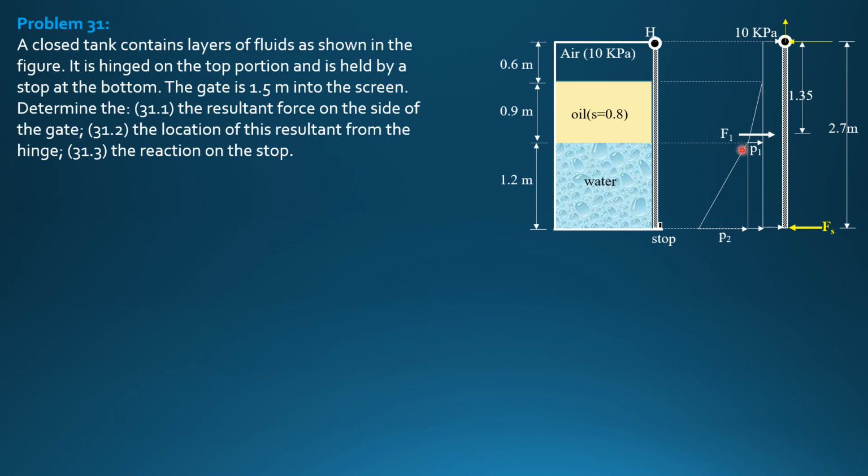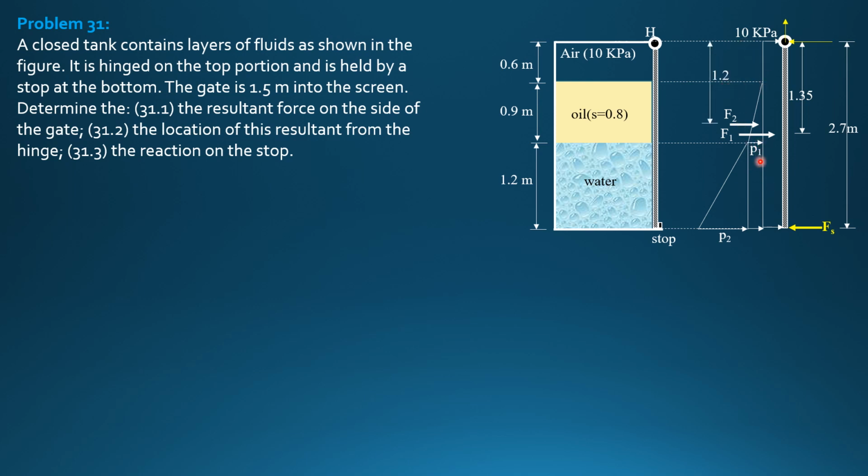F2 for this triangular pressure diagram. Then the location of F2 from this interface of air and oil is 2/3 of 0.9, which is 0.6, plus 0.6, so 1.2. Distance of F2 from the top is 1.2 meters, so it's shown here.